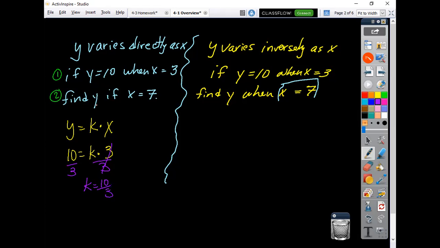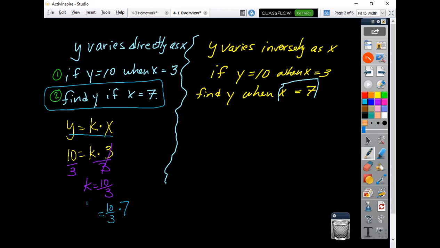Now the second step, when x is 7. Go back to your original equation, so that's 7 in place of the x times the k that's right next to it, 10/3.